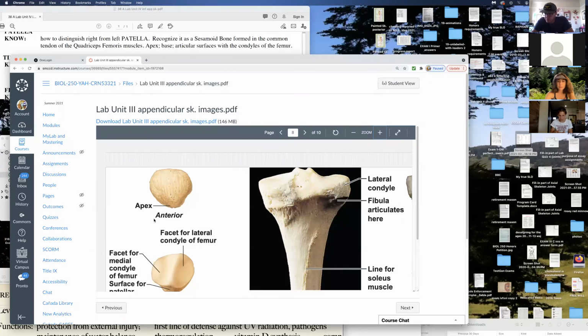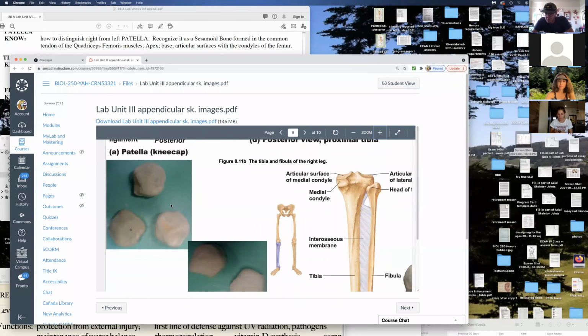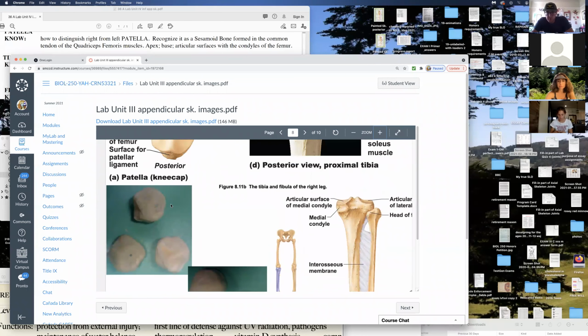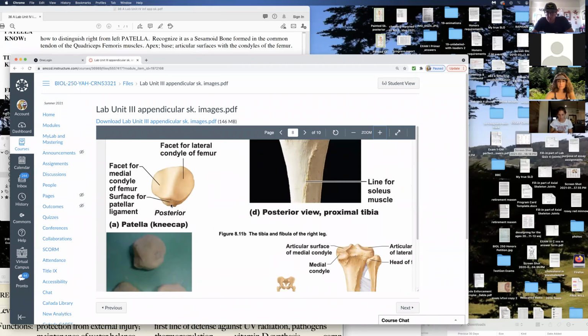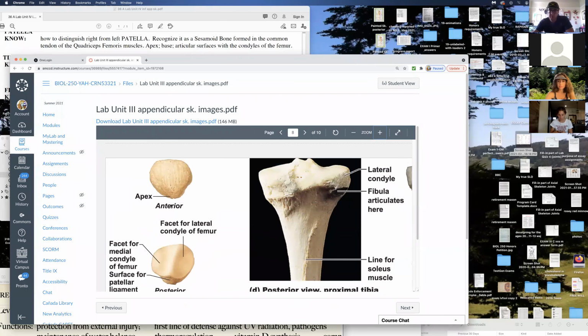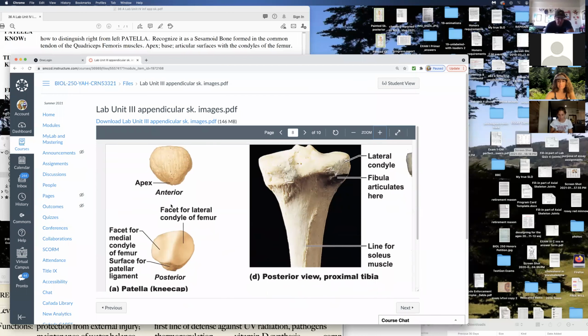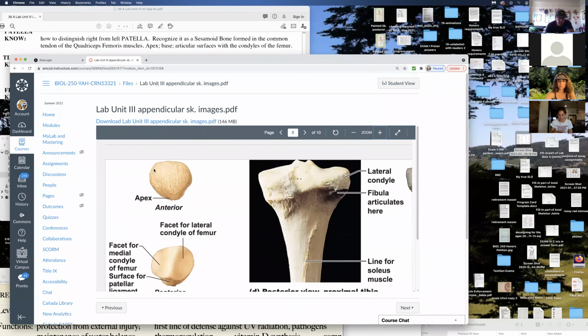So now, when you are looking at the patella, the distal end of this bone is where it would have the apex. Apex is the distal end of this bone.